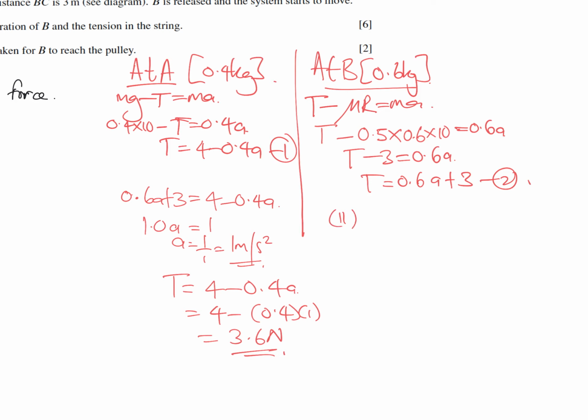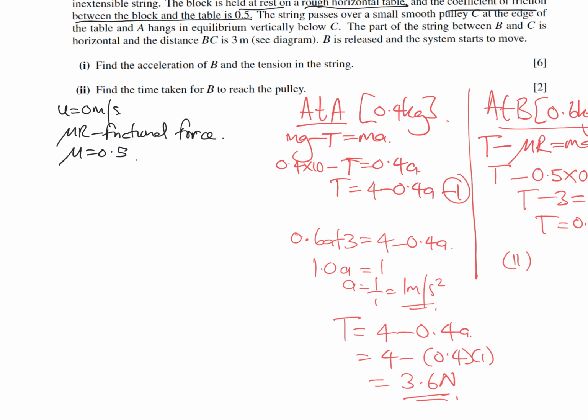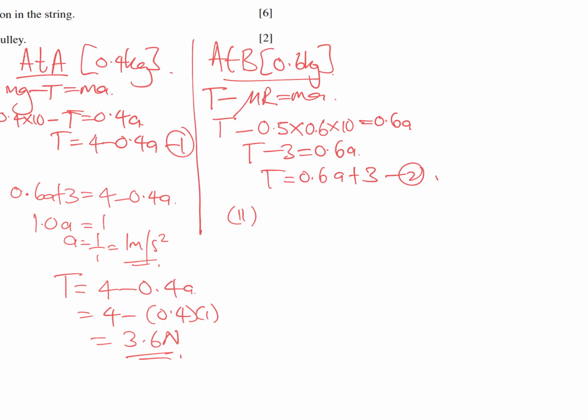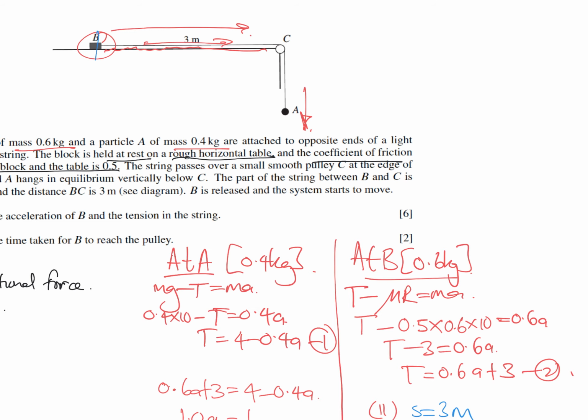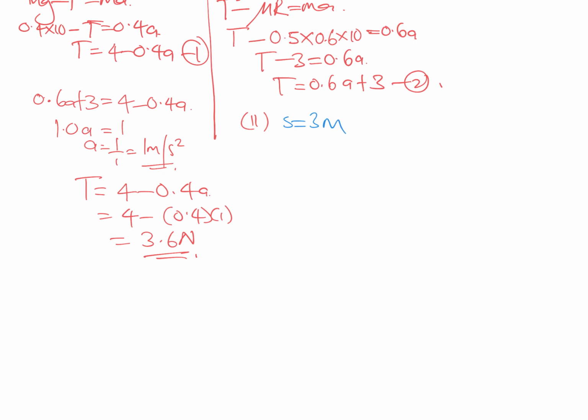And for part 2, the question is find the time taken for B to reach the pulley. Distance is 3 meters, we already know that's given. T is what I want to know. u is 0 meters per second because it starts from rest, and a, we just found, is 1 meter per second squared. With all this information, I can use the SUVAT formula s equals ut plus half at squared.